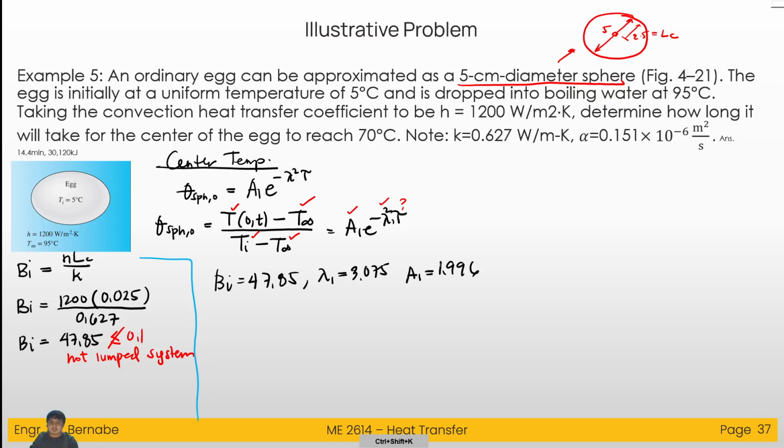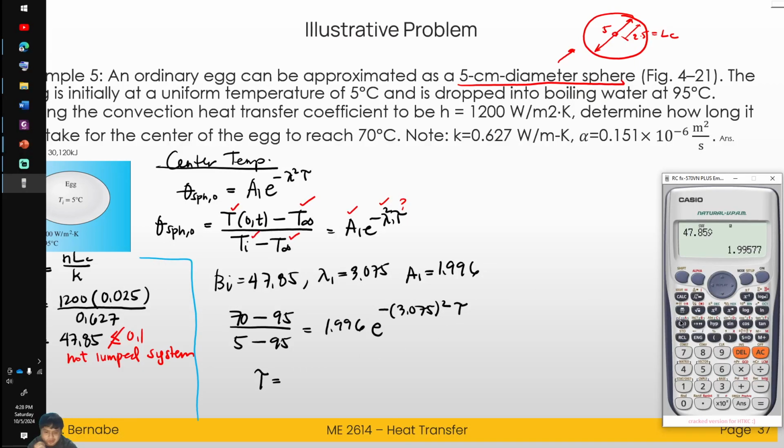After doing that, we can solve for tau first, and after that, we can solve for the time. So solving for tau, you have (70 minus 95) over (5 minus 95) equals 1.996 times e raised to negative 3.075 squared times tau.